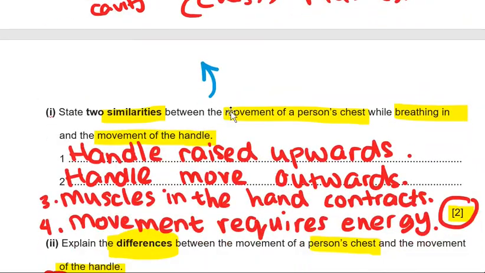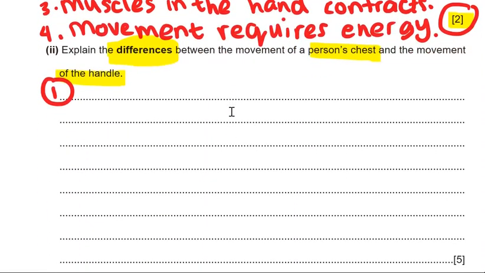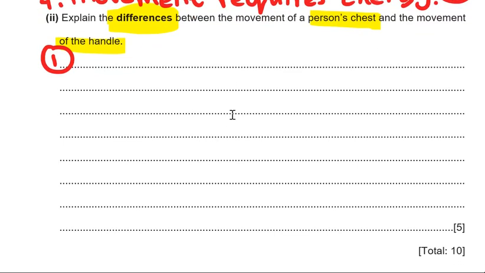It happens all the time without you being able to stop yourself most of the time, unlike moving the handle. So the first thing is going to talk about how it is involuntary. So how do we express that? We say movement.